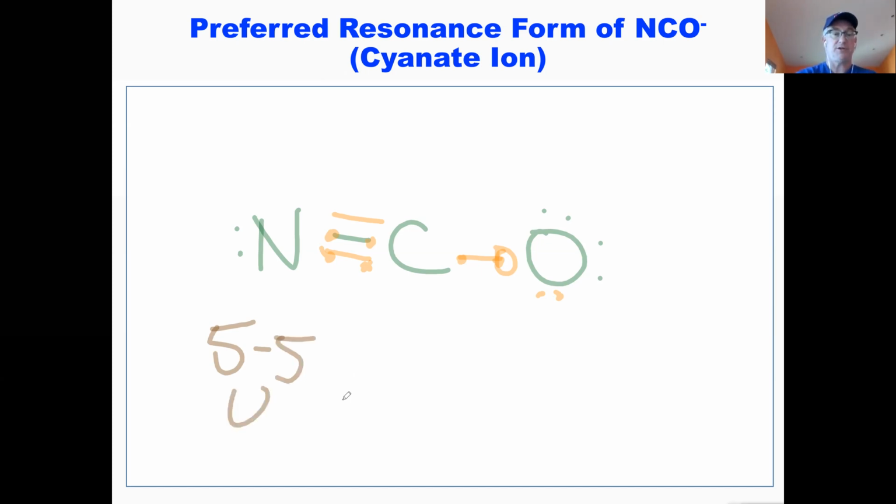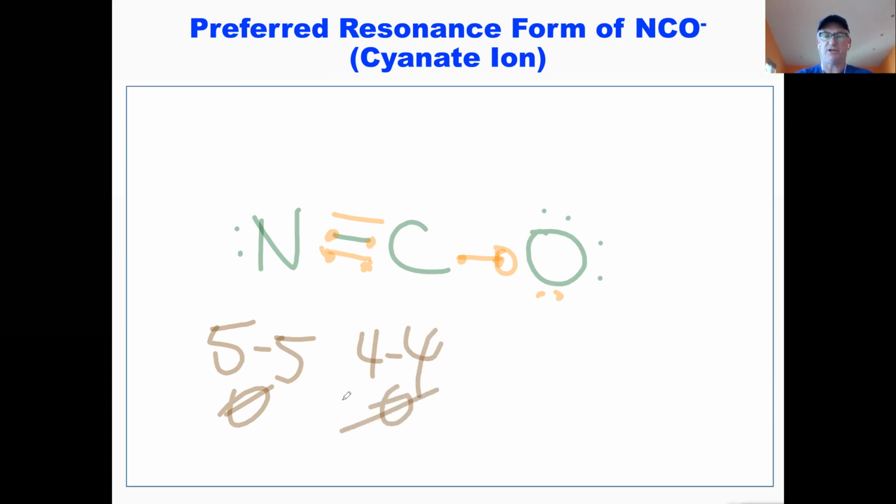So there's no charge on the nitrogen. What about the carbon? Should have 4. How many does it actually have? Four. Yeah, it's got 4, so there's no charge on the carbon.